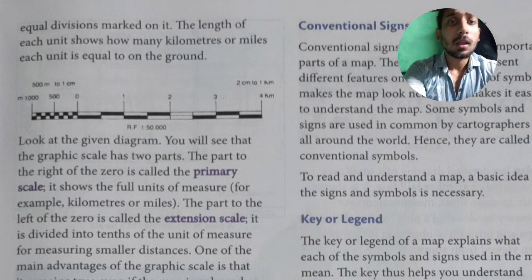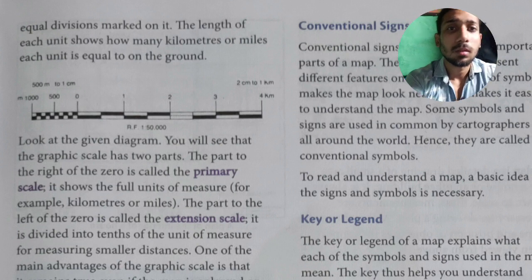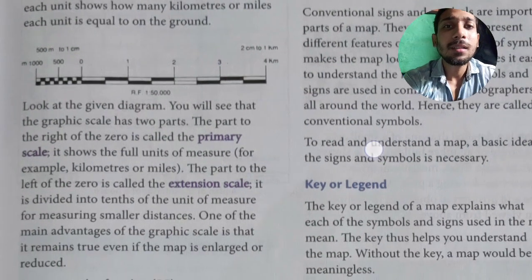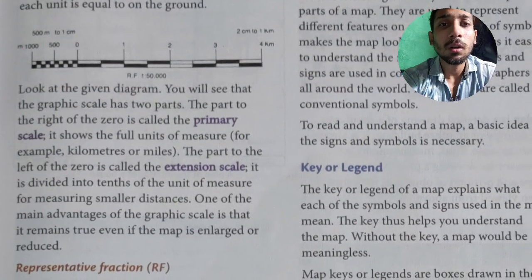So if we move to the right side of the zero, there is a primary scale, okay, and if we move to the left side of the zero, we can see this is an extension scale, okay. It is divided into tenths of the unit of measure for measuring smaller divisions.